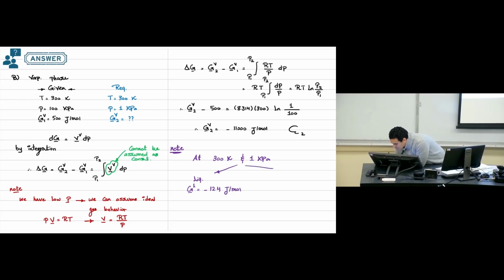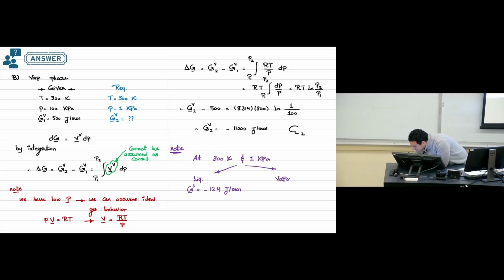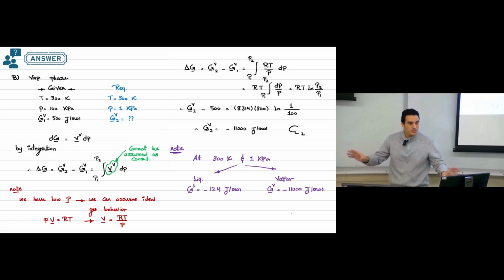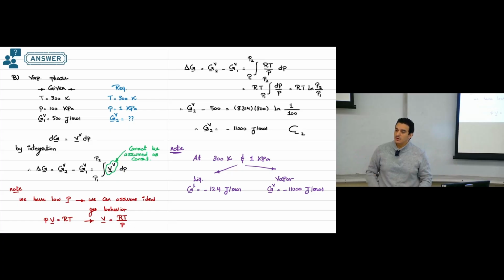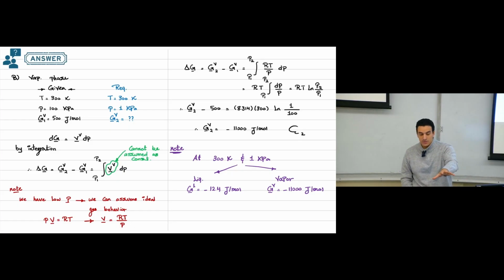If I have vapor at this condition, then the molar Gibbs free energy for the vapor is negative 11 thousandths joule per mole. Since the molar Gibbs free energy for both phases at the same condition are not equal, this means phase equilibrium will not exist at 300 Kelvin and 1 kilopascal.